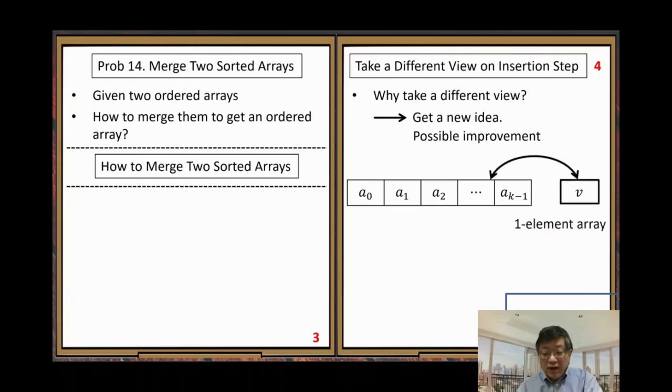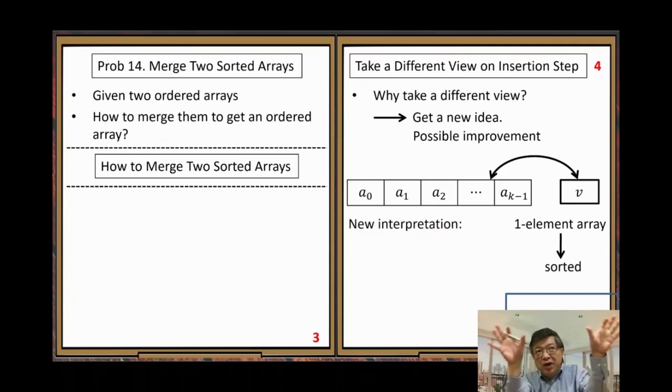This time, that key, that V, can we treat it as a one-element array? One array that just contains one element. And that one-element array must be sorted. So here you can see we have a very special case. Actually, we have a case where we try to merge two ordered arrays.